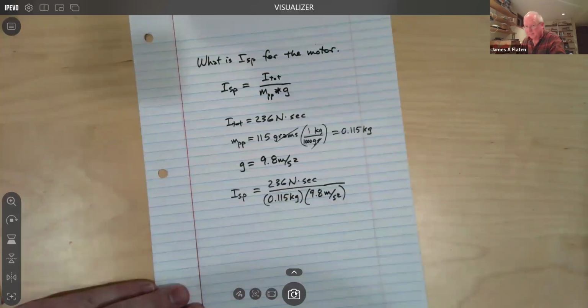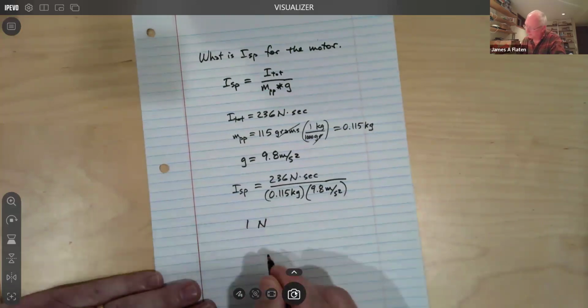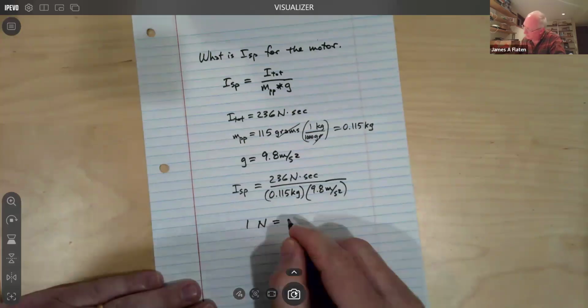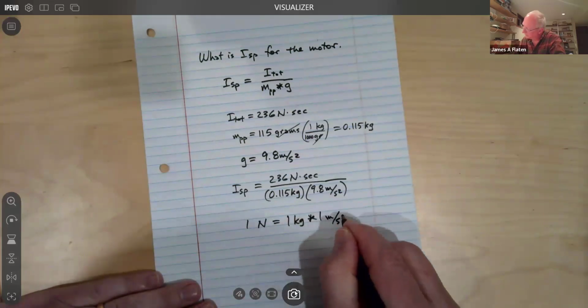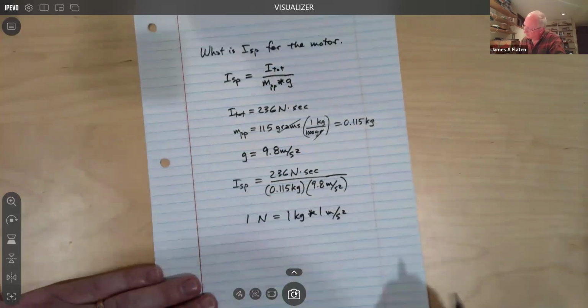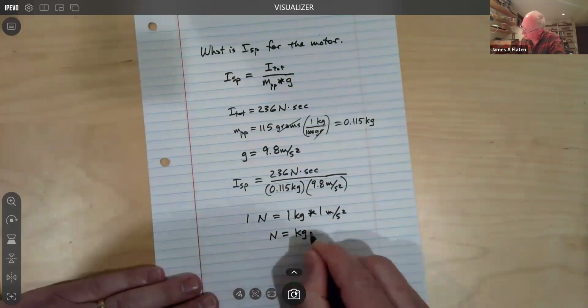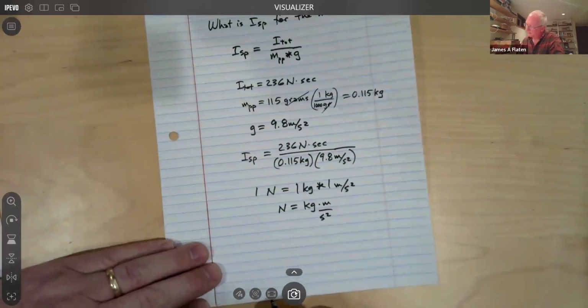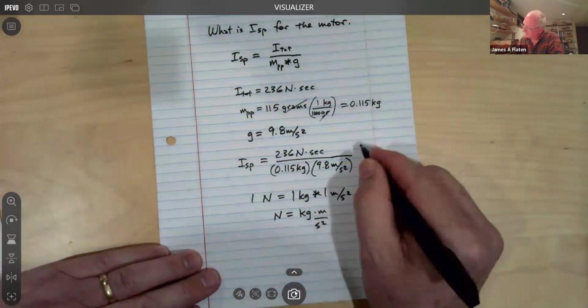I mentioned it a couple pages ago: 1 Newton, the unit of force, is equal to 1 kilogram times 1 meter per second squared. So every time I see the letter N, I can replace it with kilogram meter per second squared. That's handy because I'm going to use this relationship up here.